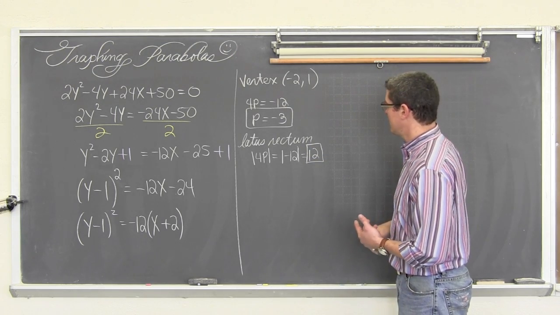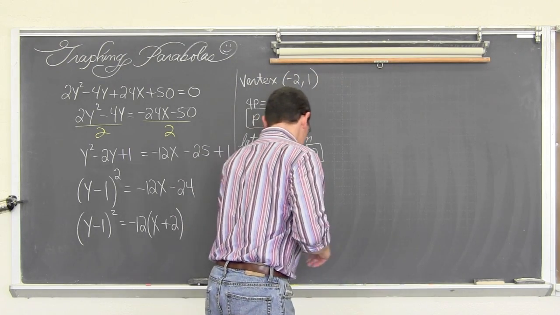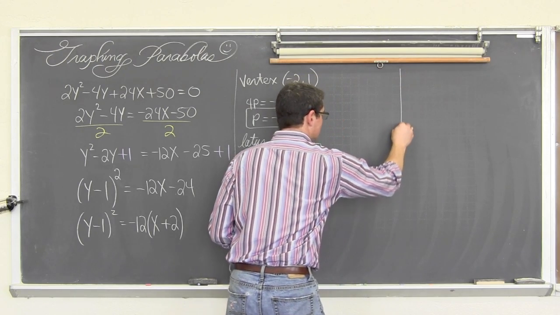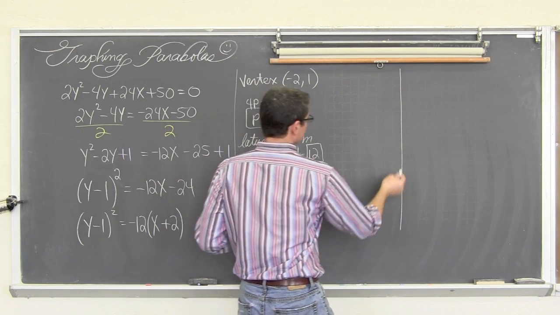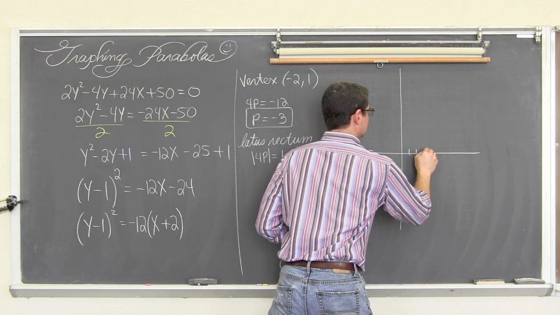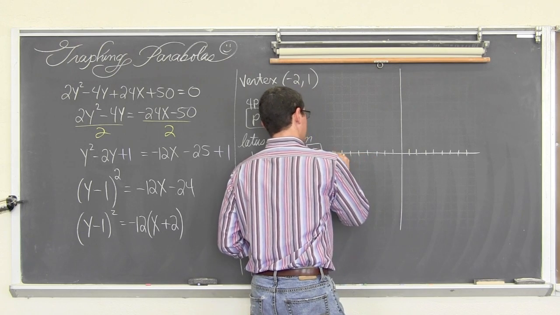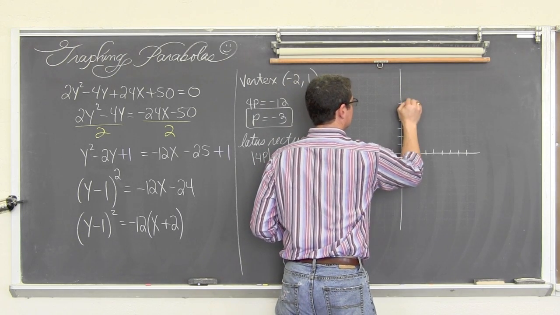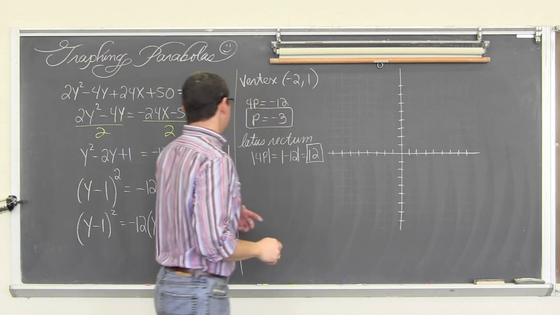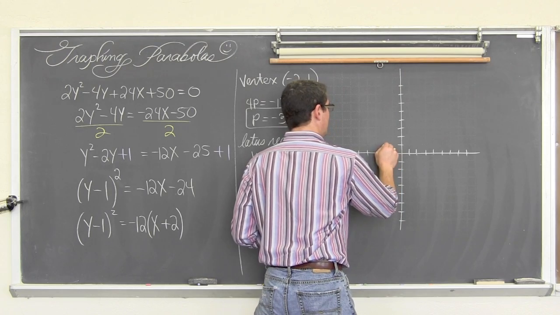Let's get this sketch drawn and get the rest of the information down. And I forgot my x and y axis here, so let's quickly fill that in. Alright, so our vertex, negative 2, 1.